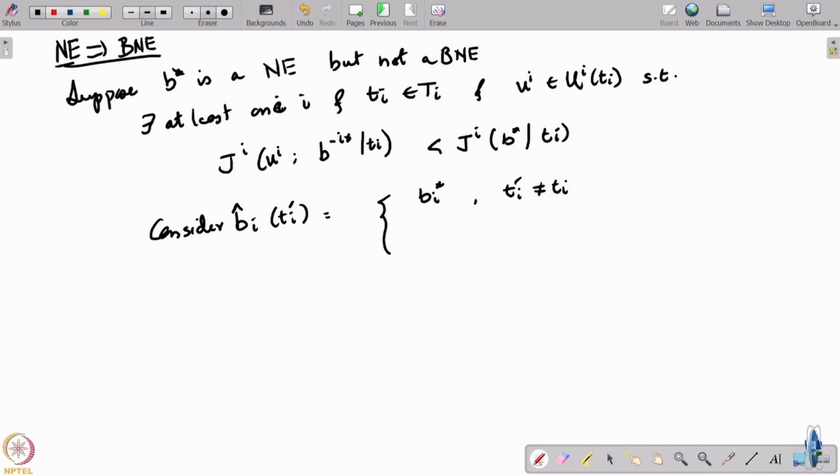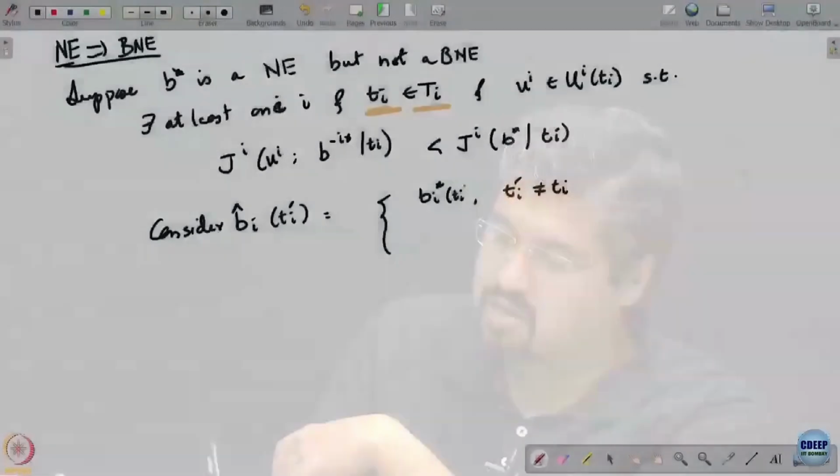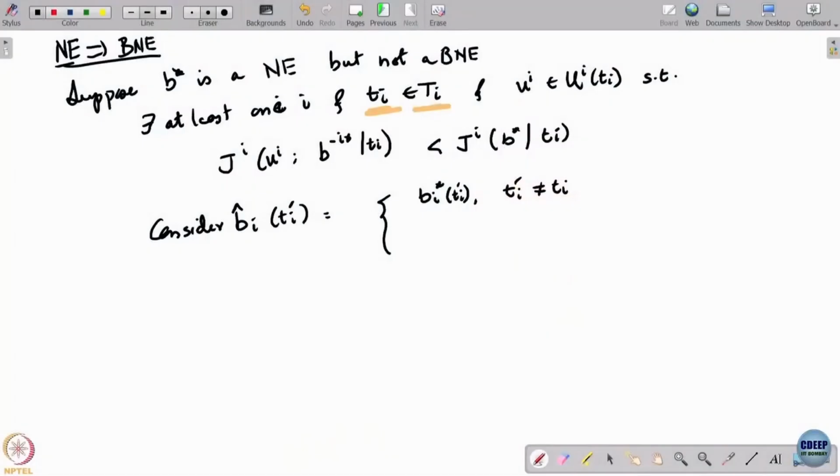So that is this special type where you had the deviation. For all other types, you are just mimicking what you did in the starred strategy. And once you get to this type where there is a deviation possible, you take the action that supposedly is better, right? This action which is better, you take this action.